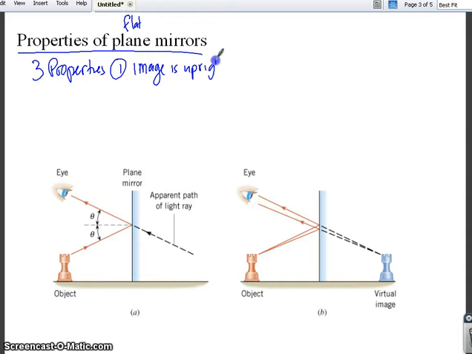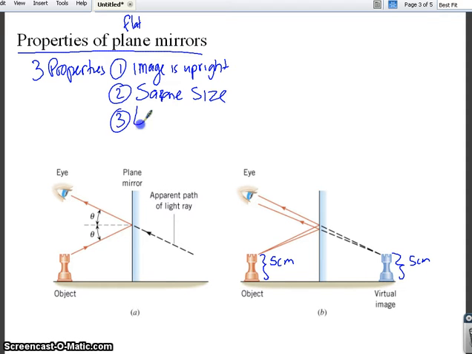Notice in this example, we have a rook from a chess piece. The image that we see in the mirror is upright. When you look into a mirror yourself, you're not upside down, you're upright. The image is the same size as you are. So if this was, I don't know, 5 centimeters, then this would be 5 centimeters.